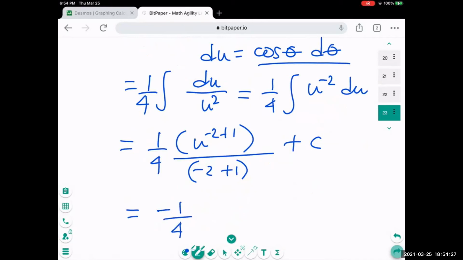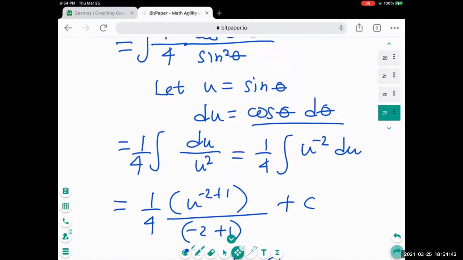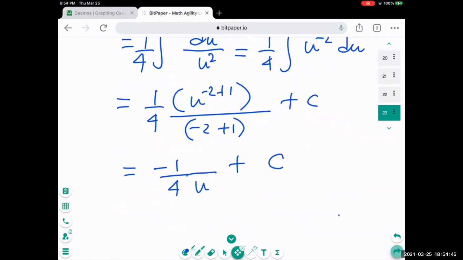And then u to the negative 2 plus 1 is u to the negative 1, so let's put u below, plus c. So negative 1 over 4u plus c. And let's revert back to the original value of u, which is sine theta. So essentially, this is negative 1 over 4 sine theta plus c.